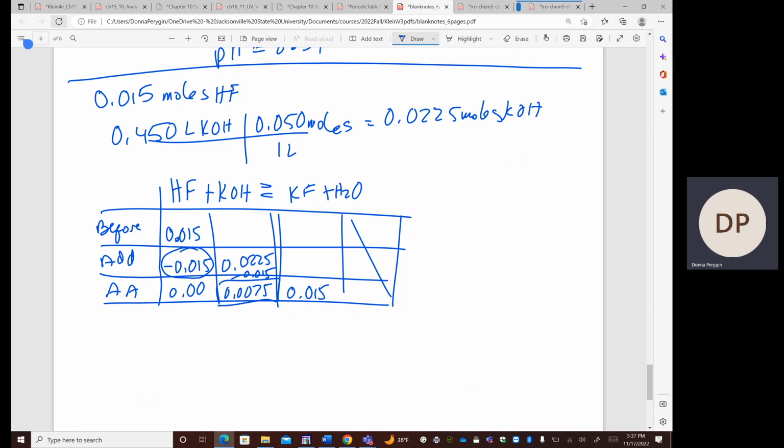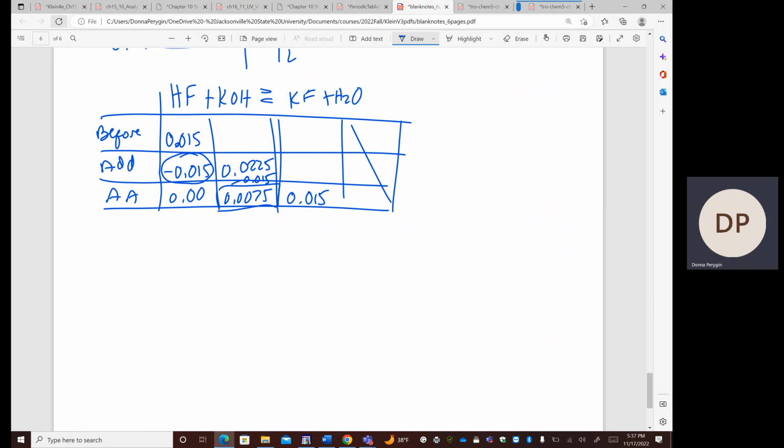All right, so at this point, our pH is governed by the hydroxide ion concentration.